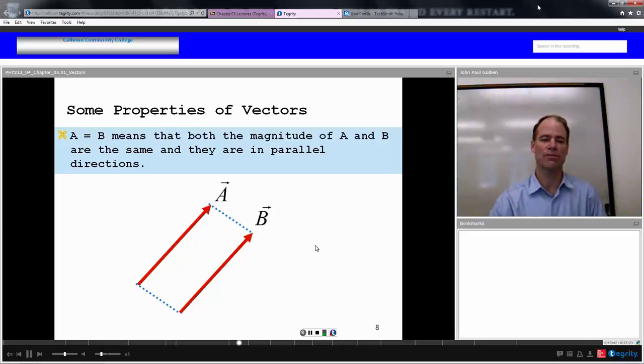If I compare the magnitudes, they're the same length. And if I look at their directions with respect to some reference, in this case the positive x direction, they have the same angle. So even though they're not on top of one another, they are parallel, and they have the same magnitude, and they are indeed the same vectors. So I would say that A is equal to B in this case.